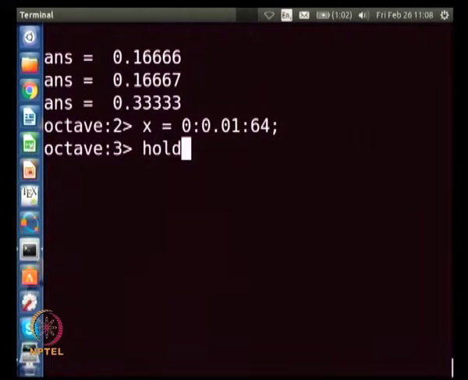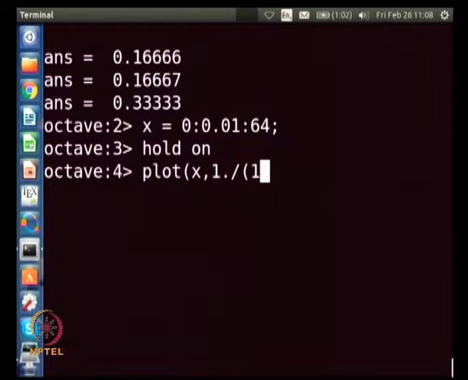So, I want to say hold on. On the same plot I want to plot x comma 1 by 1 plus exponential minus beta, which is 1, times x, but x should be shifted to have its origin at 32.50.